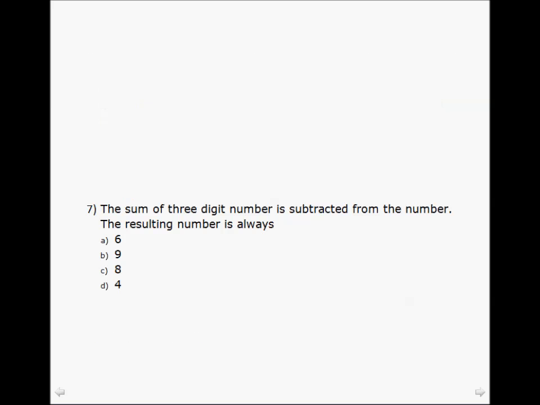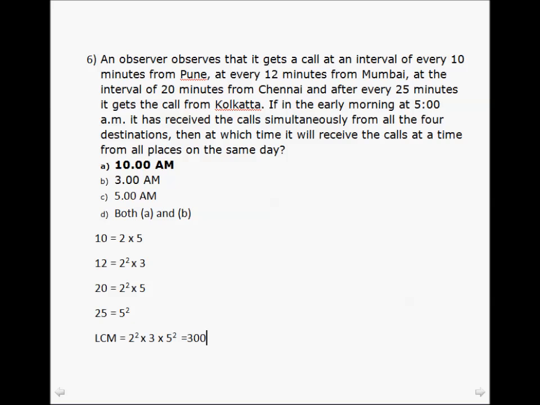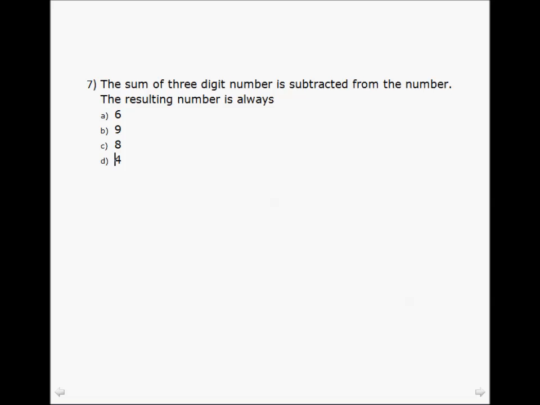Let's go to next question, which says the sum of digits of a 3-digit number is subtracted from the number. The resulting number is always divisible by, the question is incomplete here, always divisible by is the question.